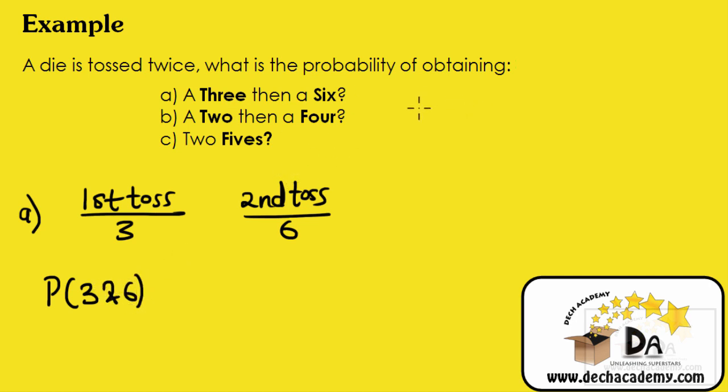Now, when you toss a die twice, the outcome of the first toss is independent of the outcome of the second toss. They have no influence on each other. So these are independent events.